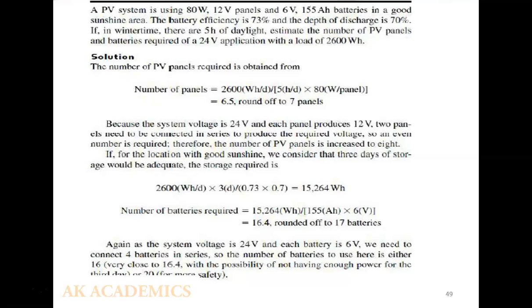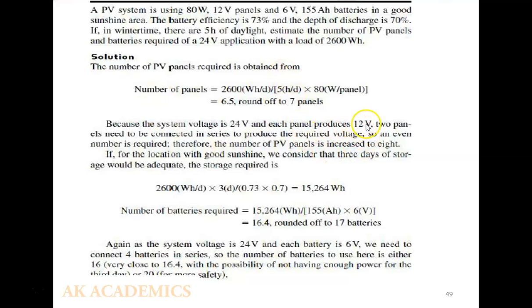It has to be a whole panel, so we rounded this up to 7. But now we have realized that the entire system is 24 volt. To have that 24 volt system, it simply means that we have to connect 2 modules in series.